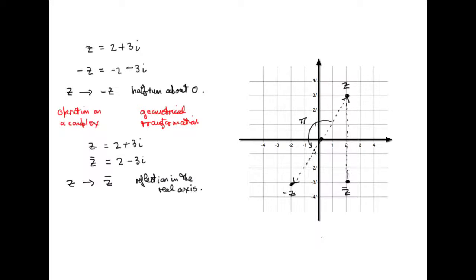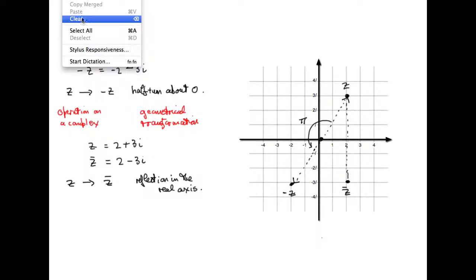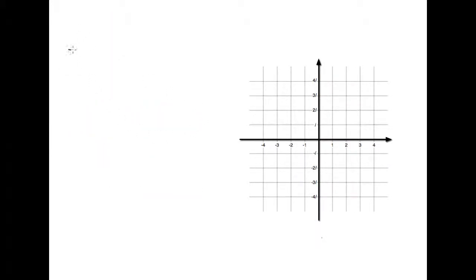Let's move on and have a look at addition. And to illustrate this, let's take two complex numbers. The first one's 1 plus 4i. The second one is 2 plus i. You might like to try this before I show you the result.